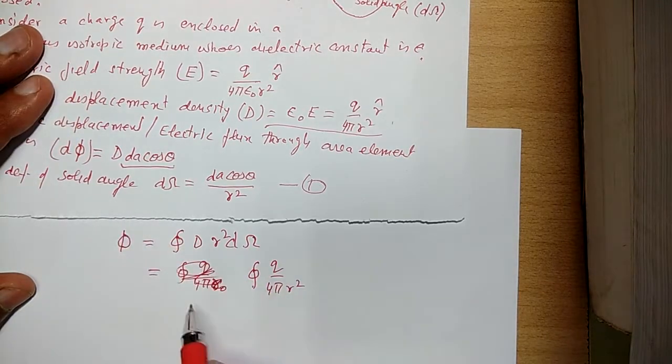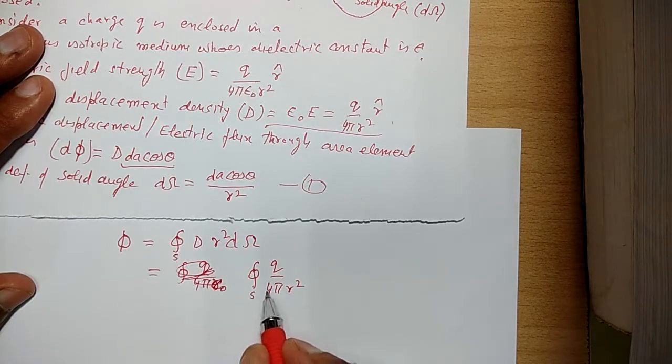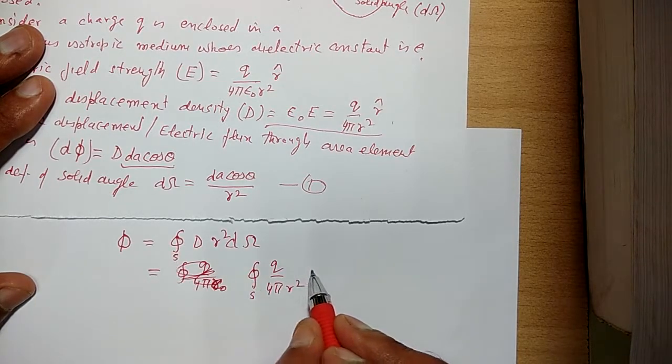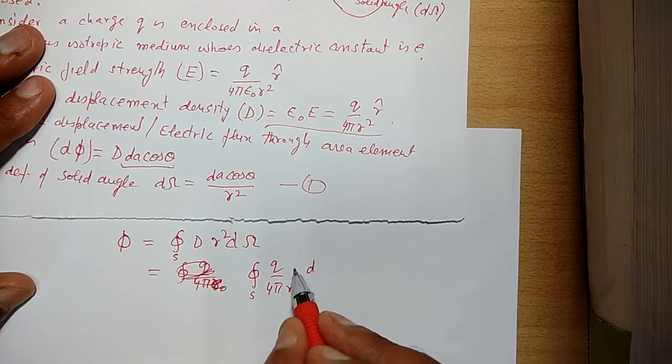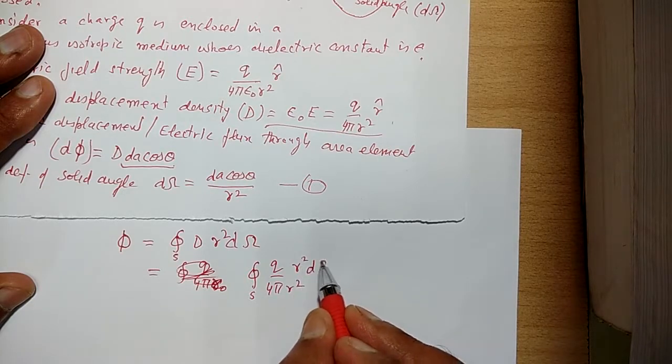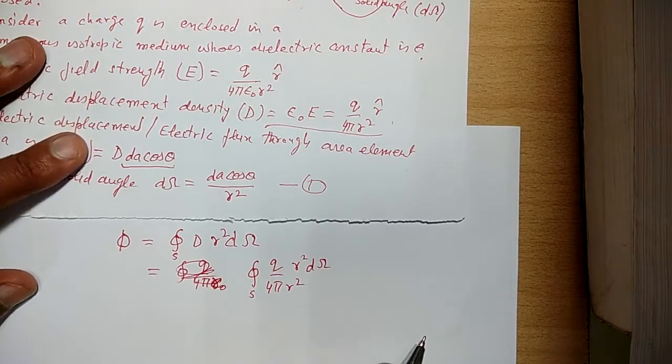This is basically a surface integral. We can write here the closed surface integral of D into r square d omega.